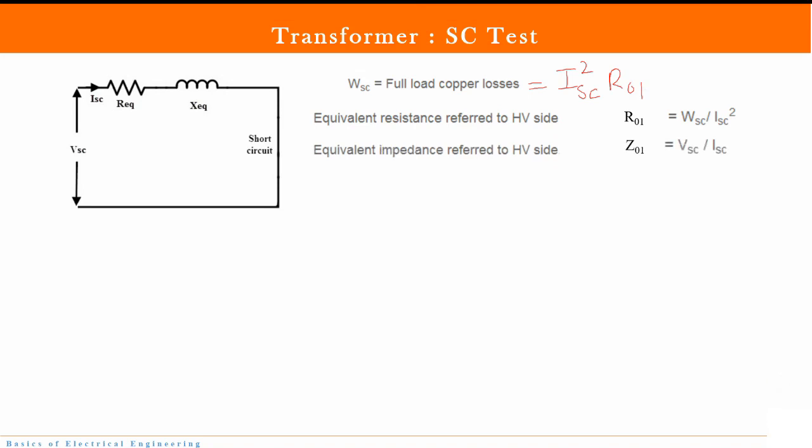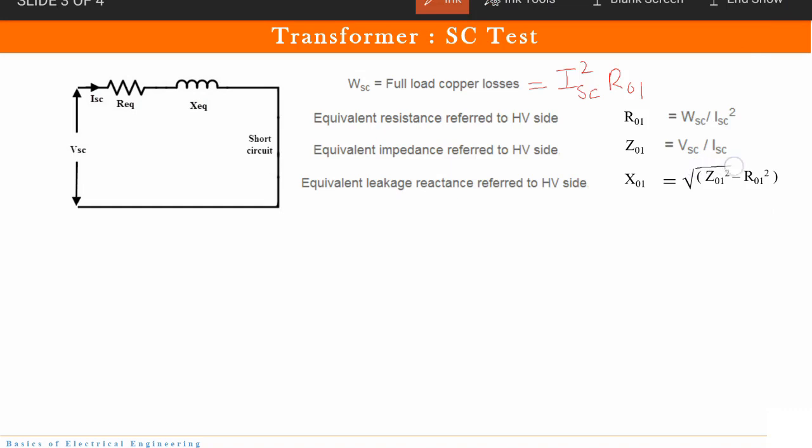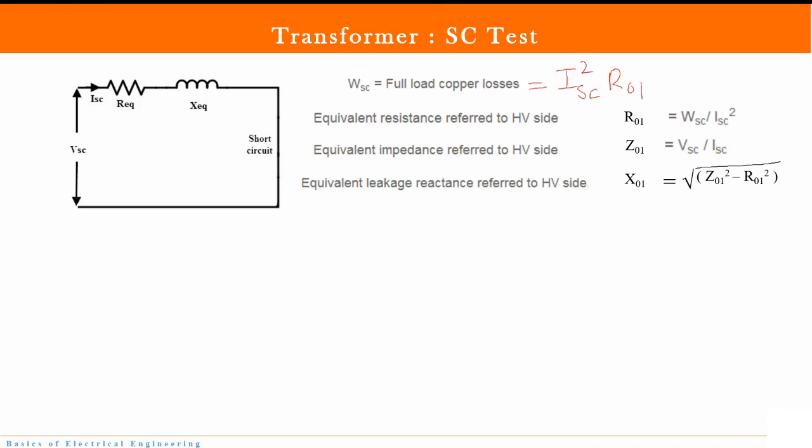So by this I can calculate R naught 1. Similarly, I can calculate the impedance because I have the voltage and I have the current. And then the leakage reactance: once I have the impedance and the resistance, I can calculate the reactance also. And of course, power factor. So how do we get the power factor?